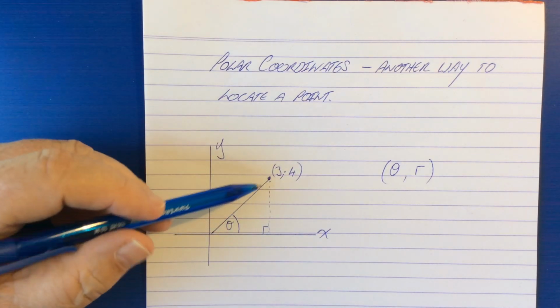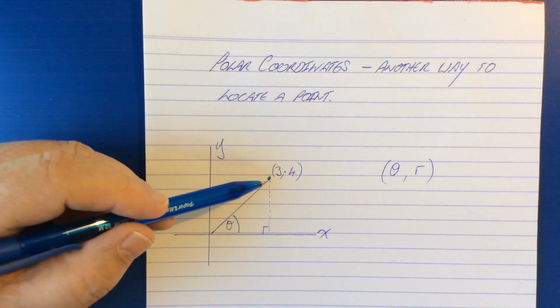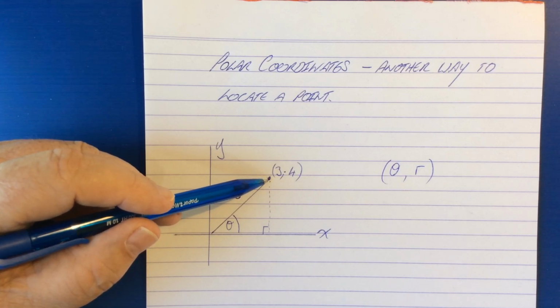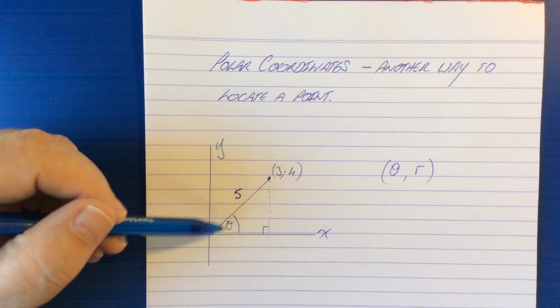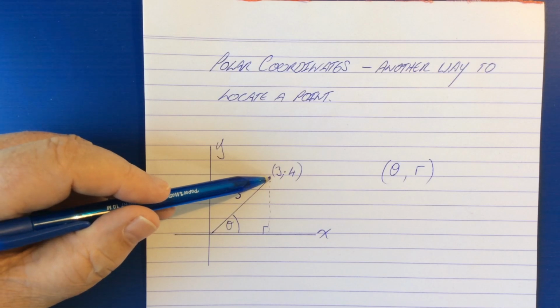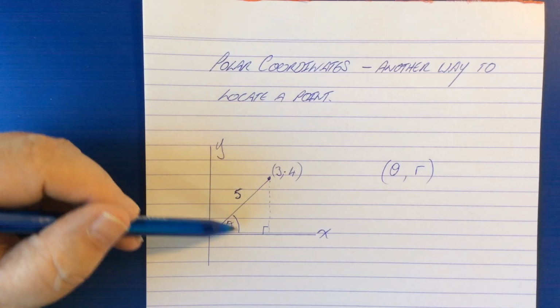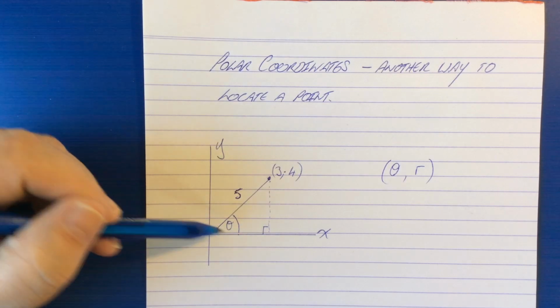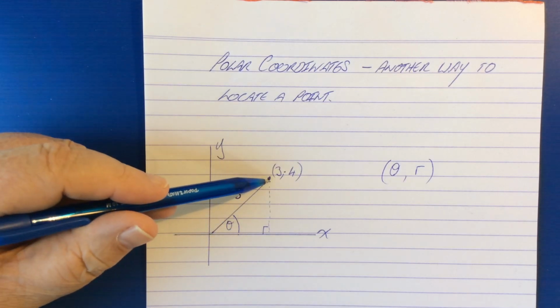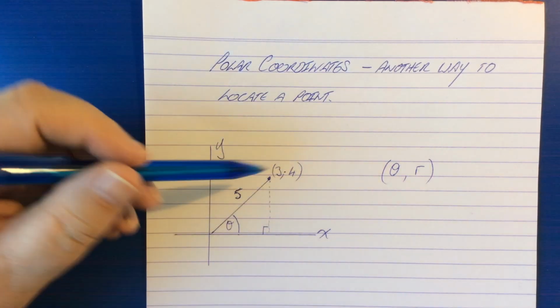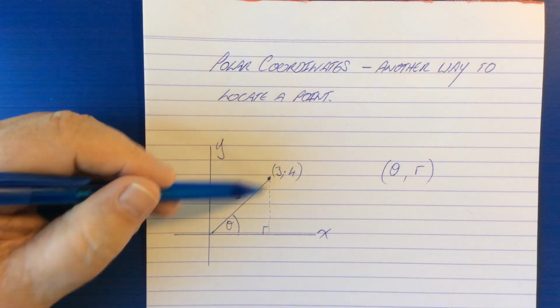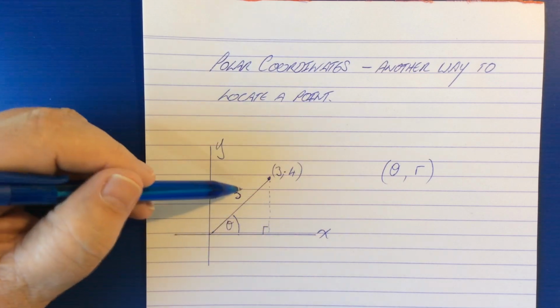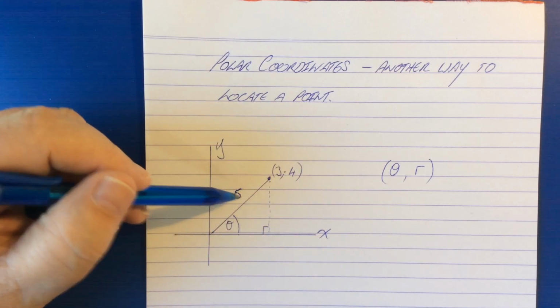That is the angle that a resultant vector, if you want to call it that, or a line from the origin to the point, makes with the x-axis. And the value r is this distance here, which we can calculate using Pythagoras.